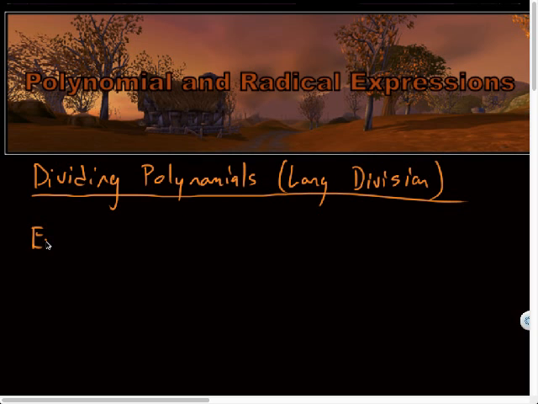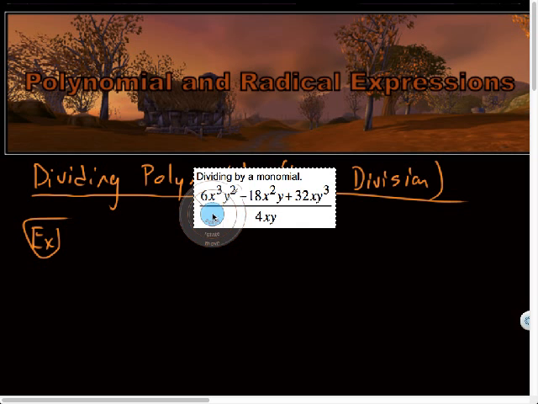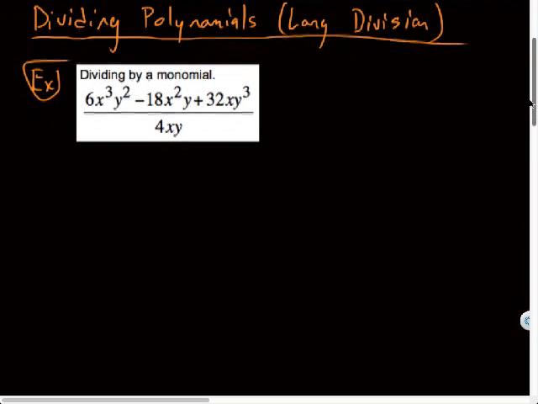So let's start off with a nice little example here, and I'm going to paste this guy right here. Look at this thing of beauty. Dividing by a monomial. I'm going to show you a particular technique. I'll let you write that down real quick.